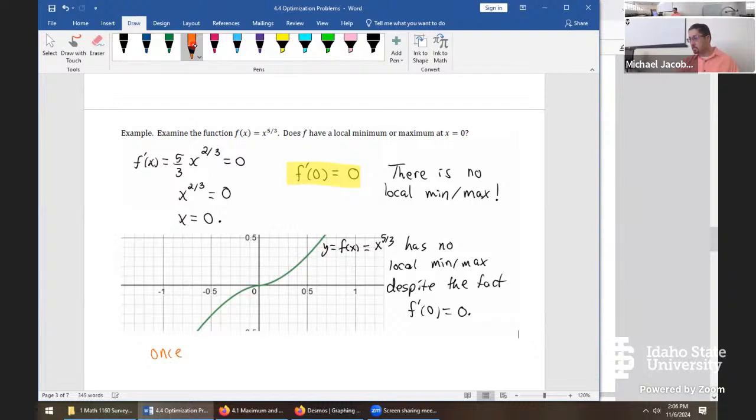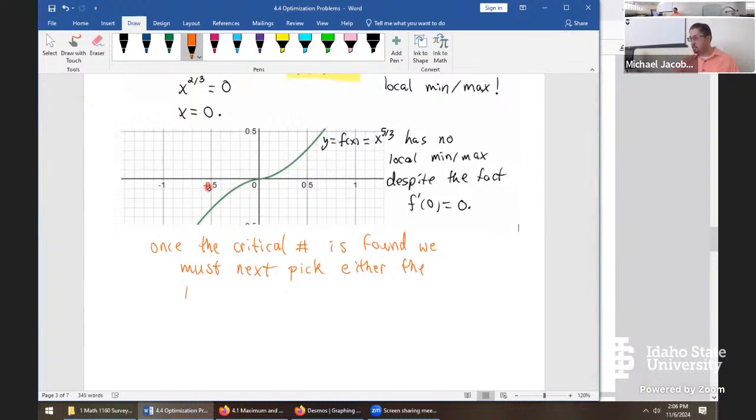Once the critical number is found, we must next pick either the first or second derivative test, and work through the steps of that test.